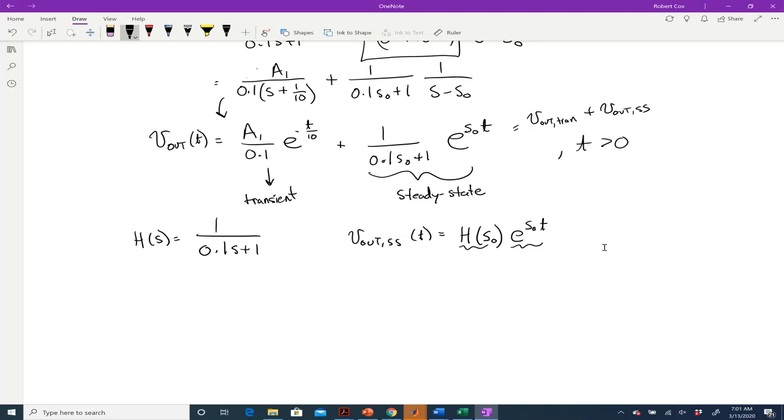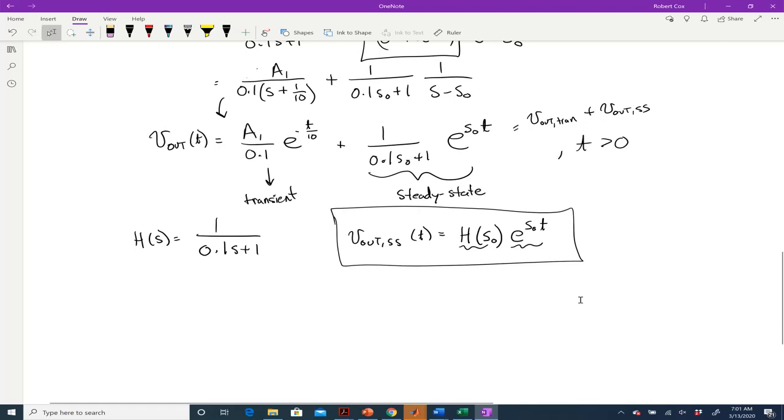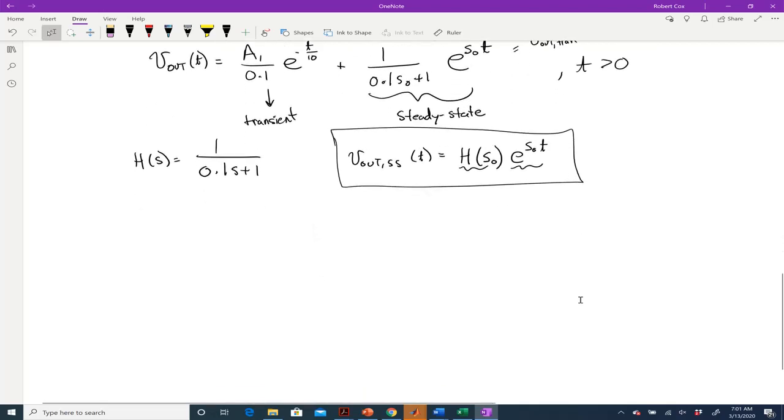Now that result's kind of important, and it's actually something that we already knew. But to understand that a little bit further, we need to go back and remember for ourselves what it is to be a complex exponential. Okay, all right, so let's think about that in the next part of the video.